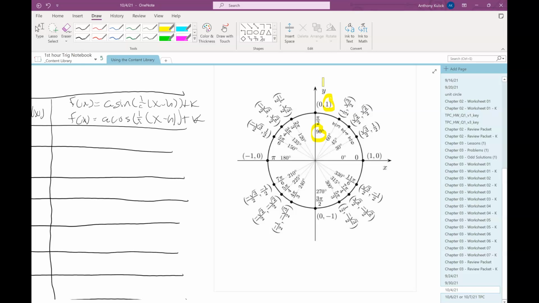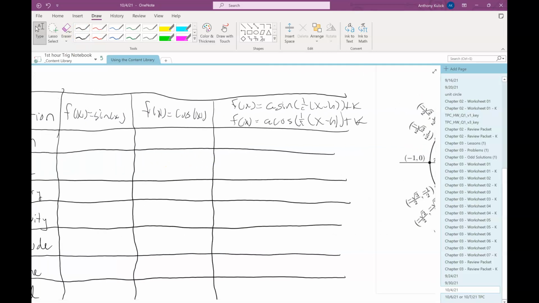There's no way I can draw an angle, like there's my initial side, where the terminal side doesn't intersect the unit circle somewhere. No matter how I draw that, it's got to intersect. Everybody agree? So what that tells me is that every input I can come up with to sine has an output. Everybody's okay with that? So the domain then for sine has to be all real numbers.